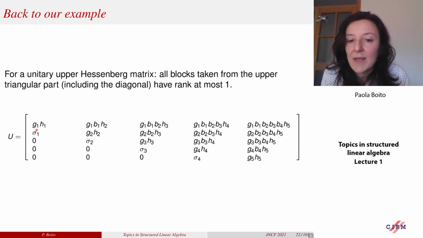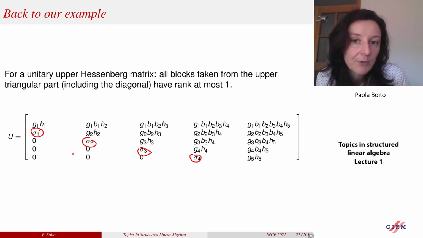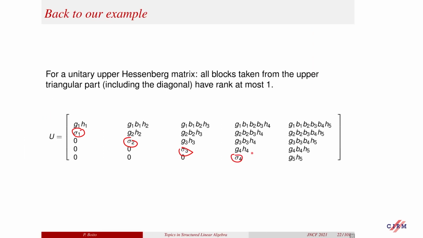Below the main diagonal, we have these entries which restore separately these sigma, and below the sigma there are zeros because of the upper Hessenberg structure, and then the upper triangular part, as you can see, is represented using the generator representation we saw before, and here we don't really have vectors, we have numbers, okay? So we have G times a few matrices, which are again numbers, times H, okay? So the row vector times the matrices times the column vectors. They're all numbers in this case.